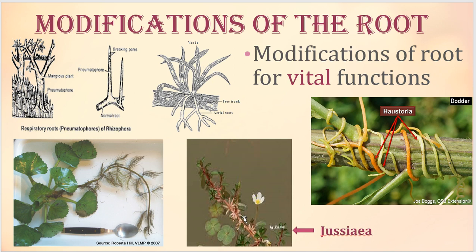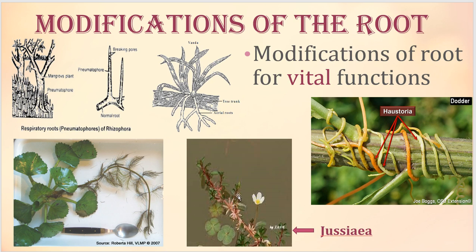And one more respiratory root is what you can see in Jussiaea. This Jussiaea is an aquatic plant which has floating branches, and from the floating branches, a special type of root is produced, which is light, soft, spongy, and floating.